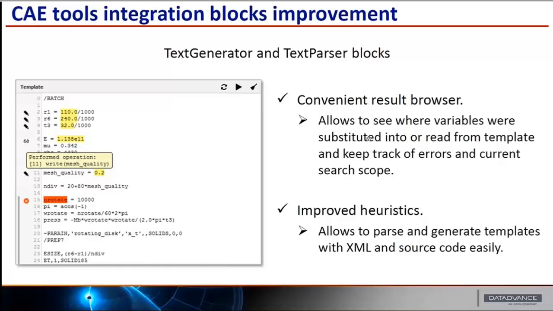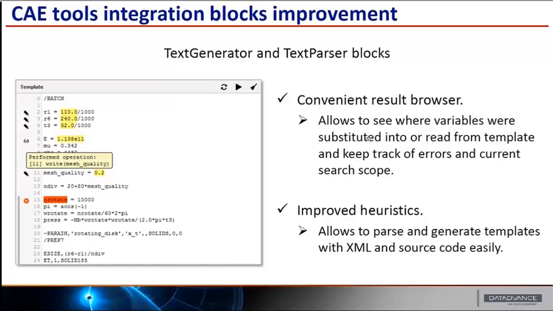After the rules are specified, you can set some test values for the input variables, play the operations, and check that they work correctly. In pSeven, we have improved this functionality, so now highlighting and tooltips show you where the variables were substituted into or extracted from, and which lines were found by search operations.